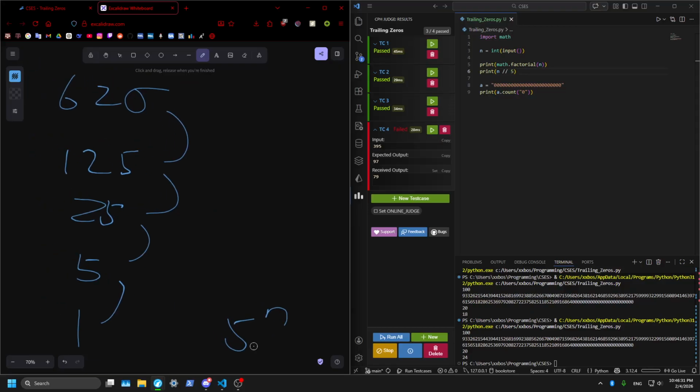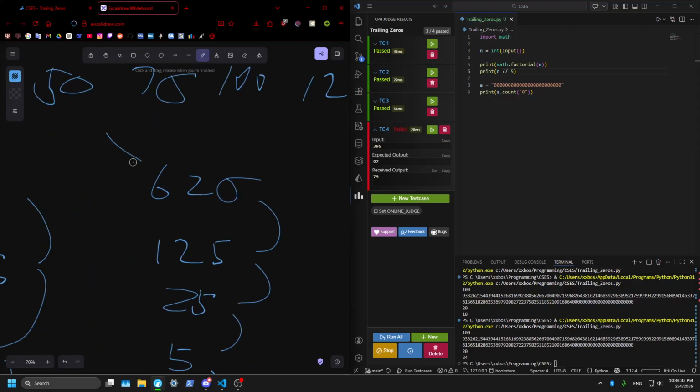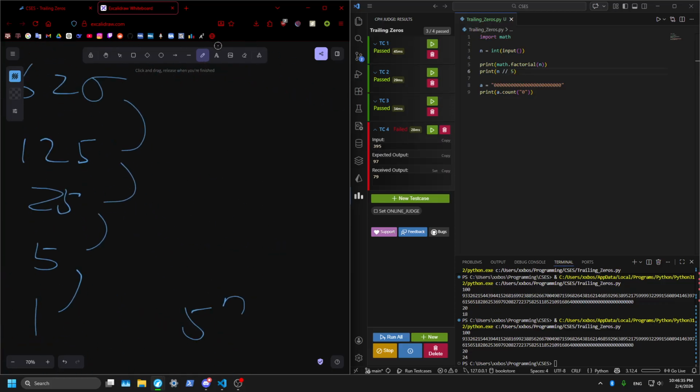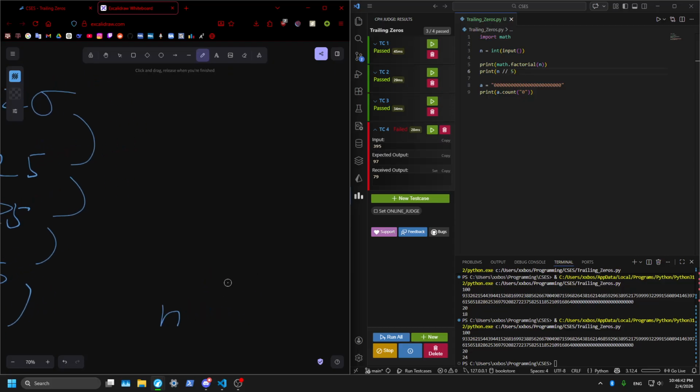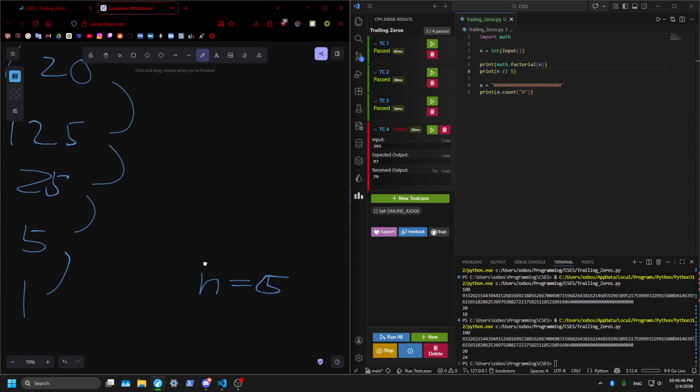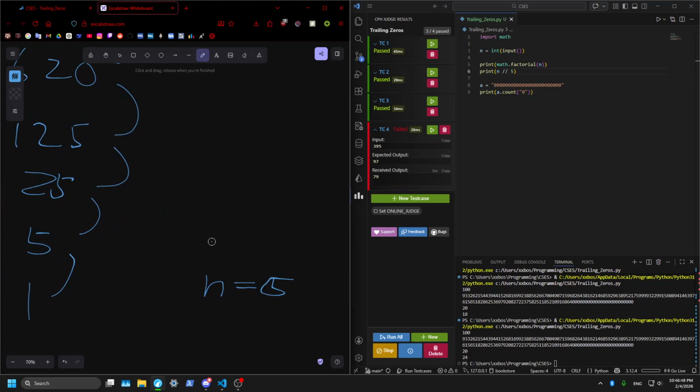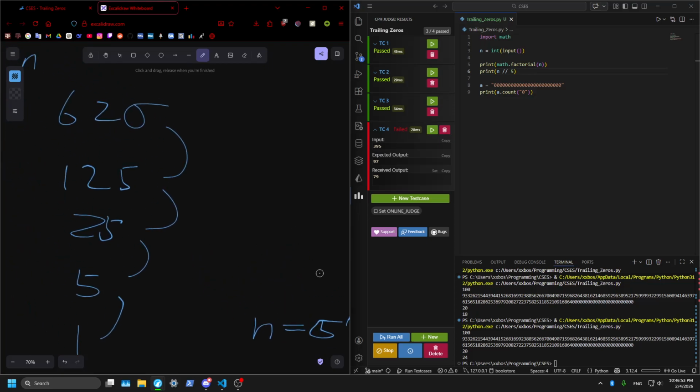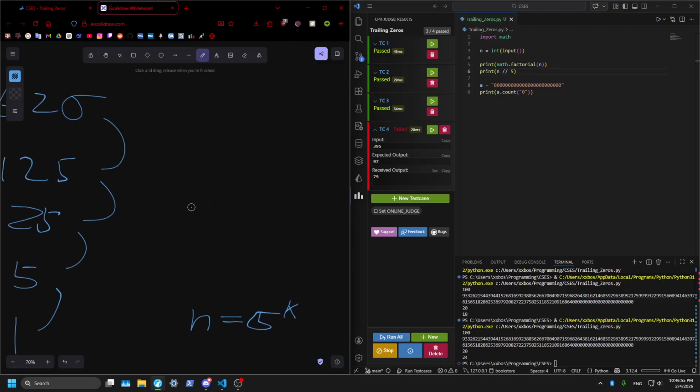5 to the n. Except this is our n. It equals 5 to some power. So what power of 5 can divide into n without being too much, basically?